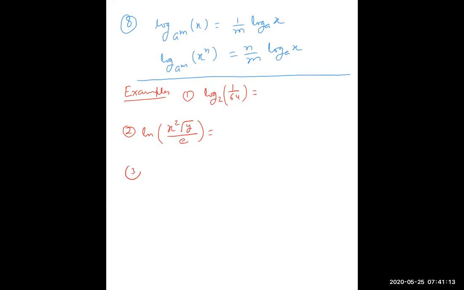Question number 3. 3 log 2 minus 1. Here base is 10.